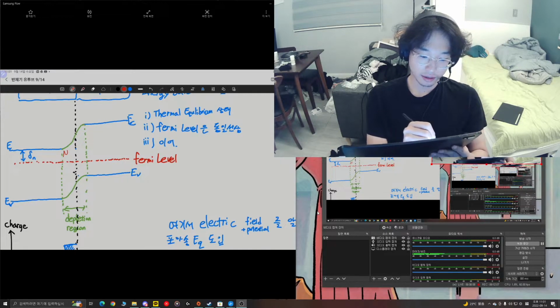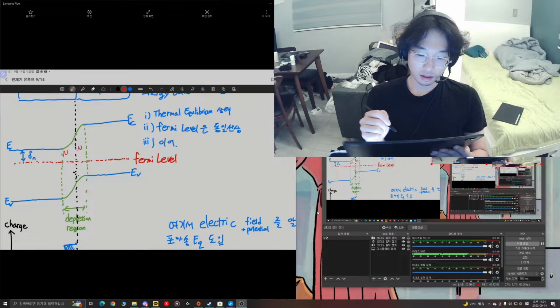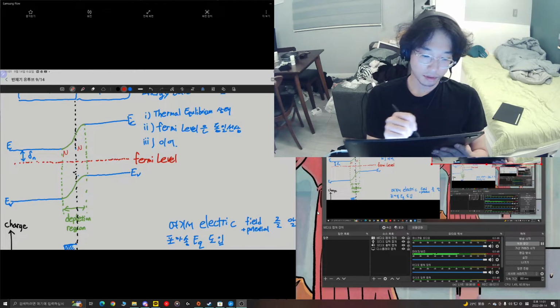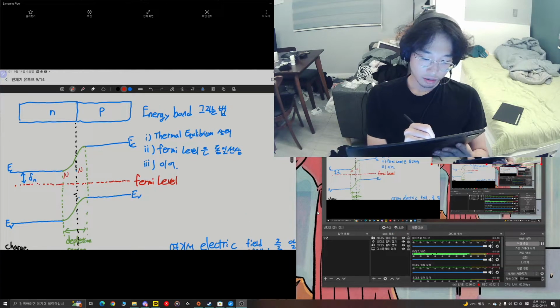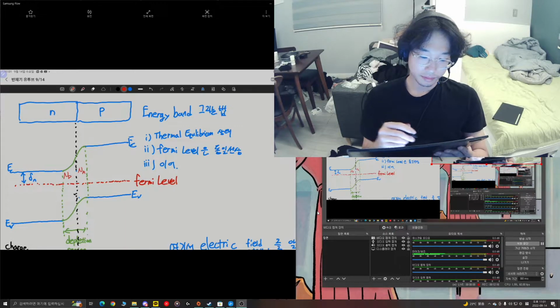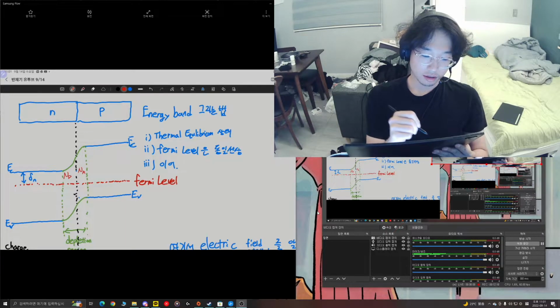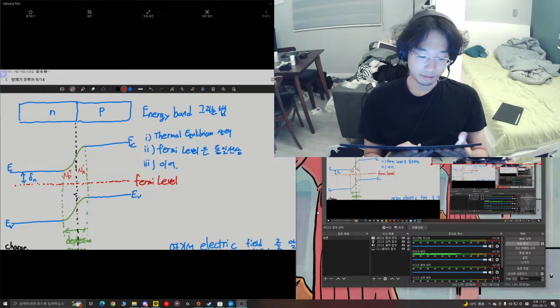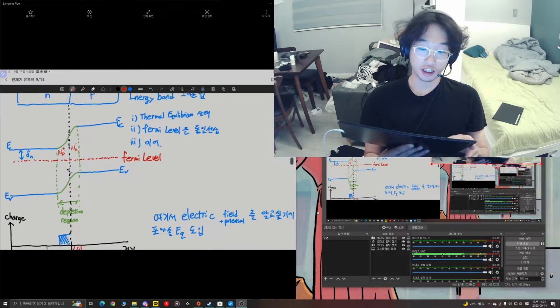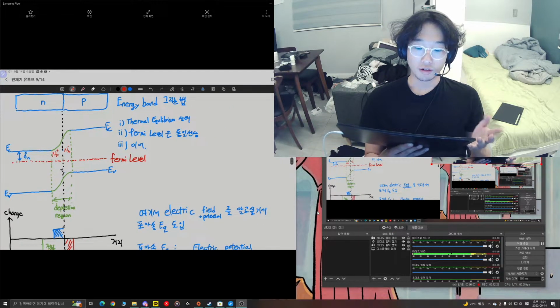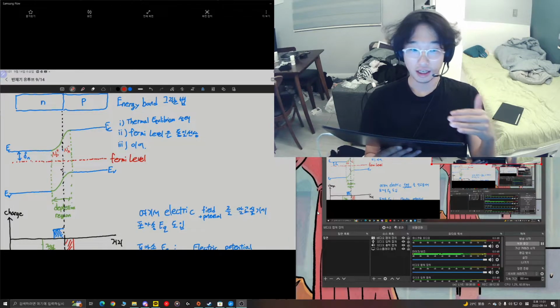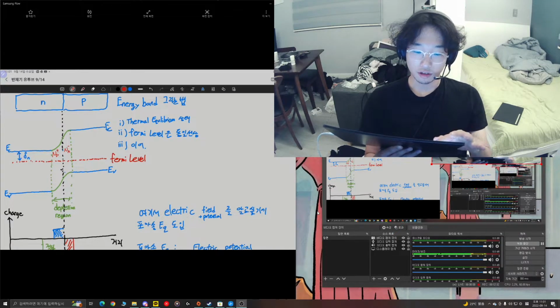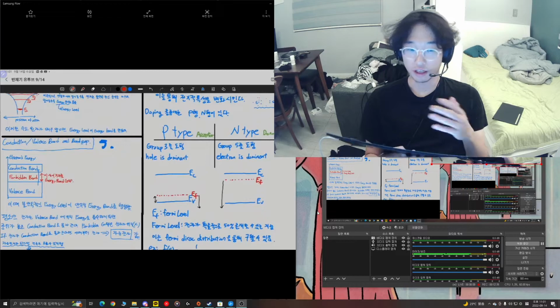This is n-type, p-type, the donor and acceptor, and this is plus and minus. So there will be this depletion region, and we can draw the Fermi level at 50%, and this is just what I drew up here.